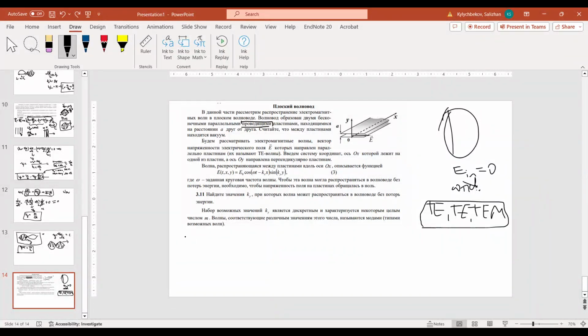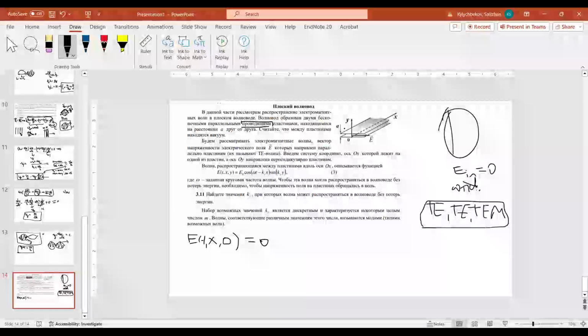What do we know? We know that the electric field at the boundaries, at y equals 0, for any x and t, should be 0.